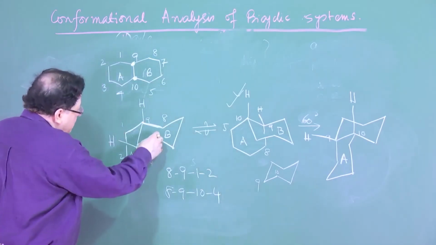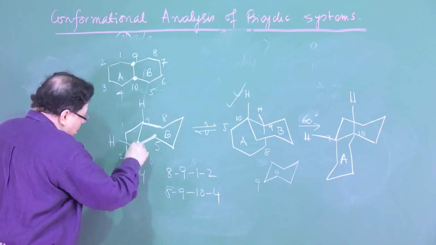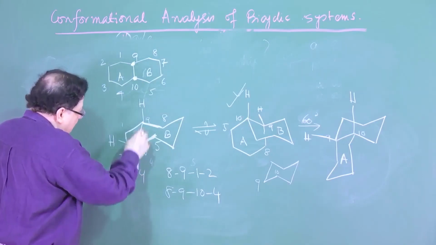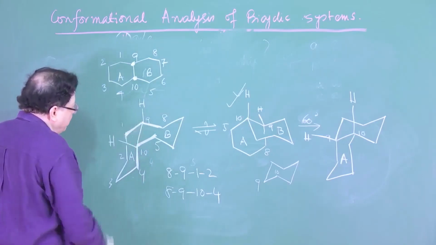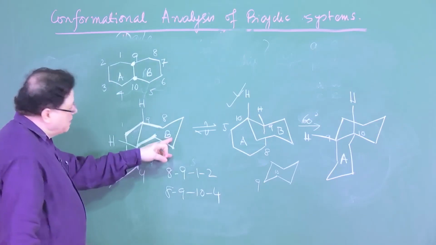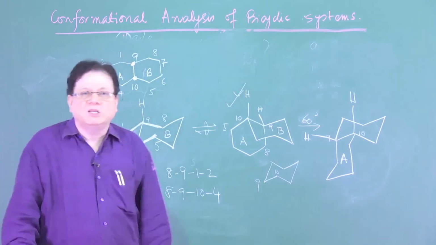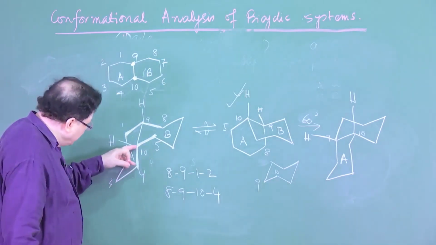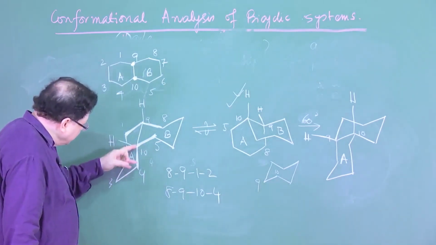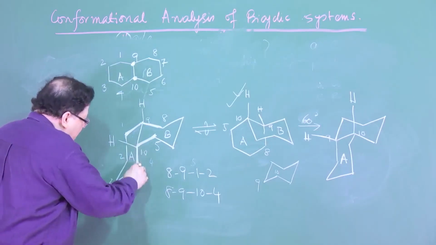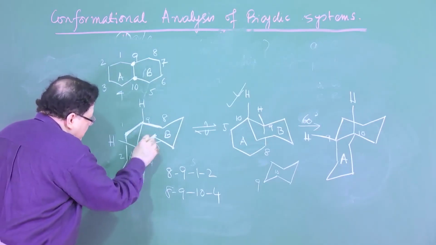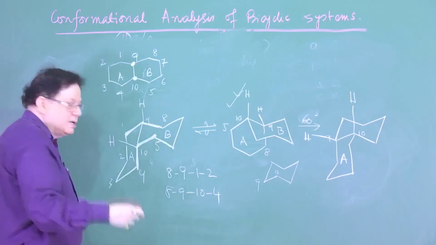Similarly, these are the two substituents with respect to B. This one is equatorial, and we know equatorial does not put in any extra, so we have to look at the other, the axial one. This is axial to the B ring, so the extra gauche butane units it will incorporate is 2.